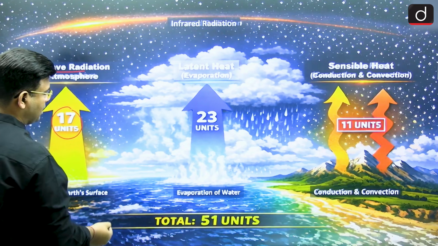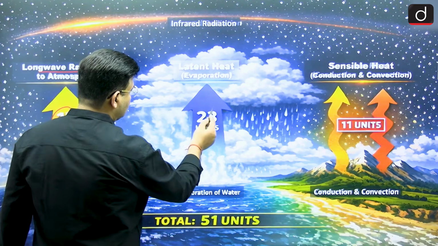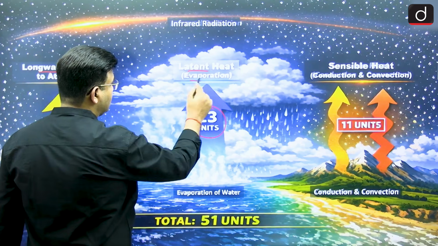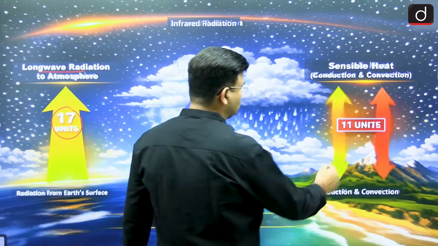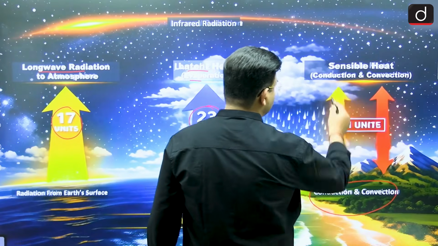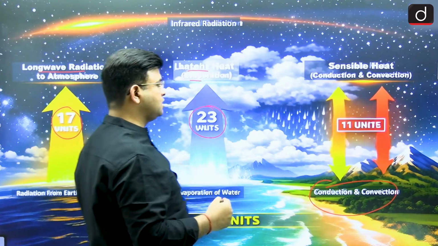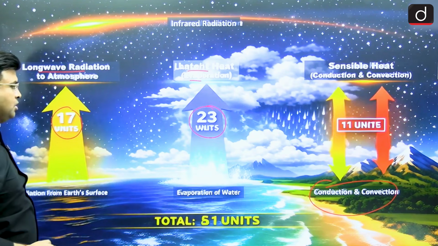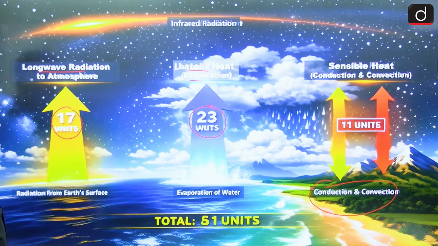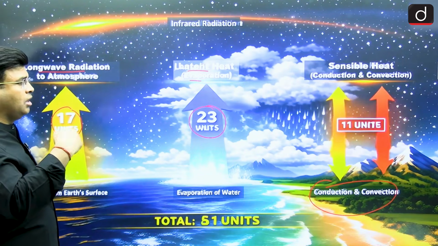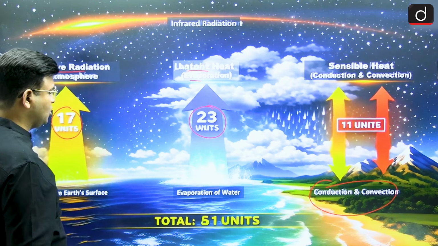And then evaporation of water 23 units, you can say latent heat of evaporation, and then 11 units as conduction and convection. This is the way these heats are released into the atmosphere. 51 units came, and then 51 units have gone.